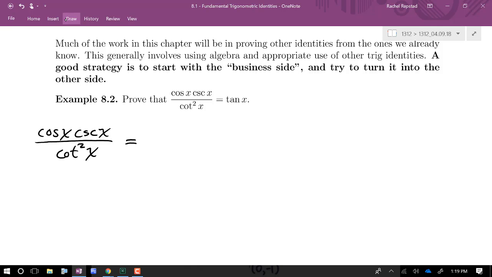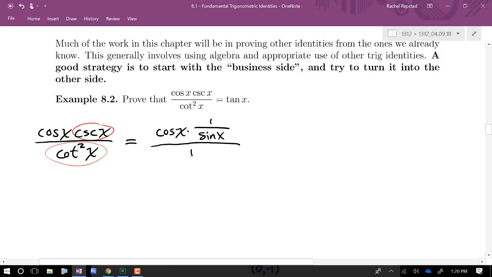So, for example, I know that cosecant is 1 over sine, and I know that cotan is 1 over tangent. So I could replace these. Oops, that's an x, not a theta.